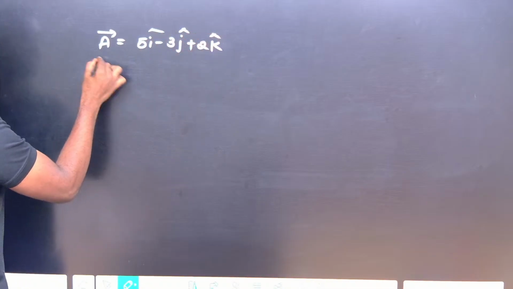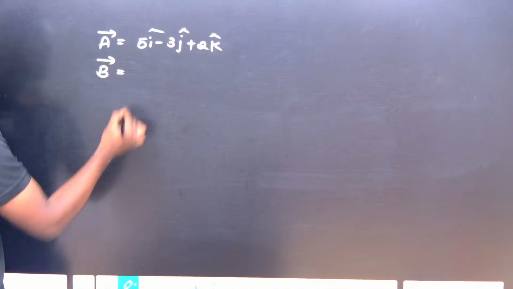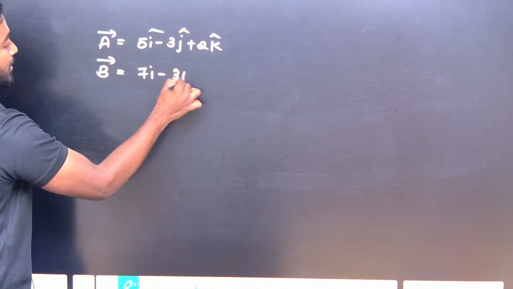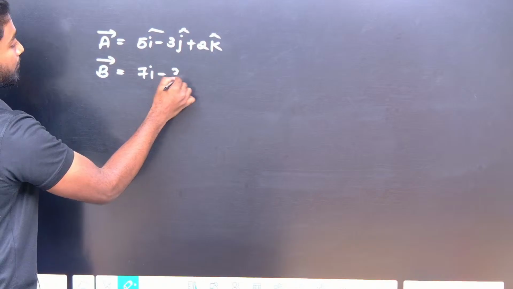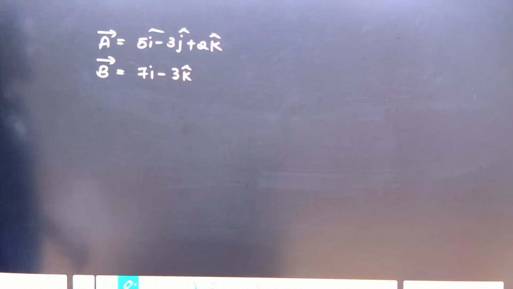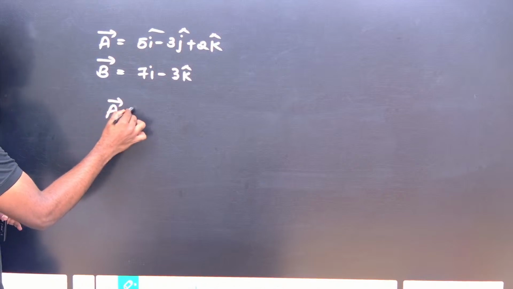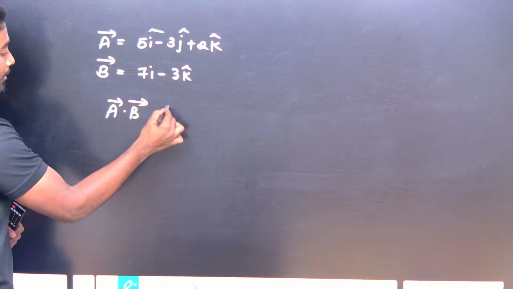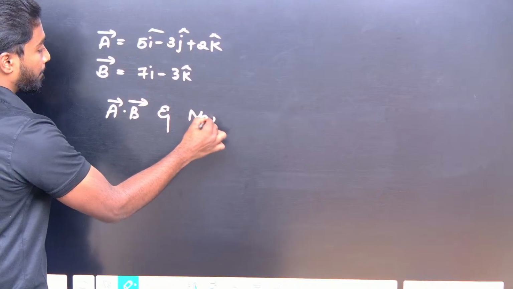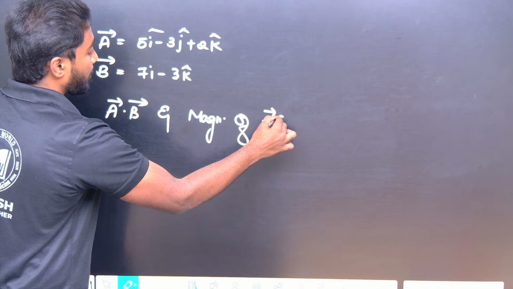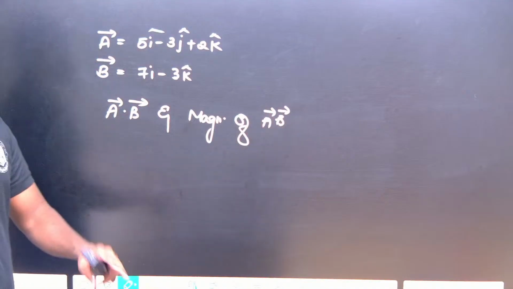B vector is given as 7i cap minus 3k cap. Okay, these are my vectors, and they are asking for A dot B and the magnitude of A dot B. Okay, this is the question.